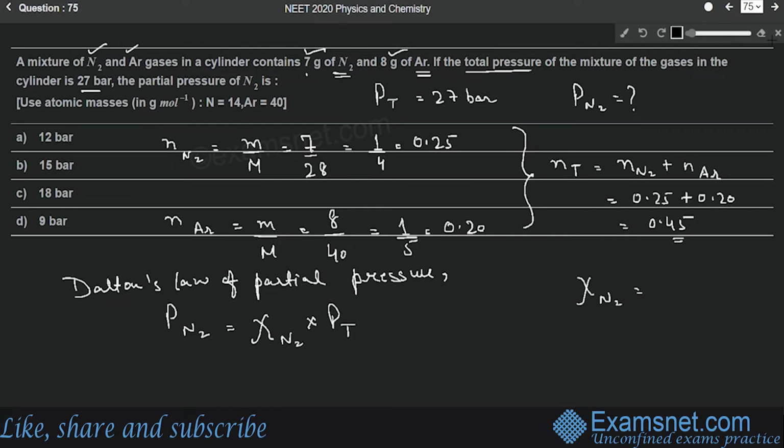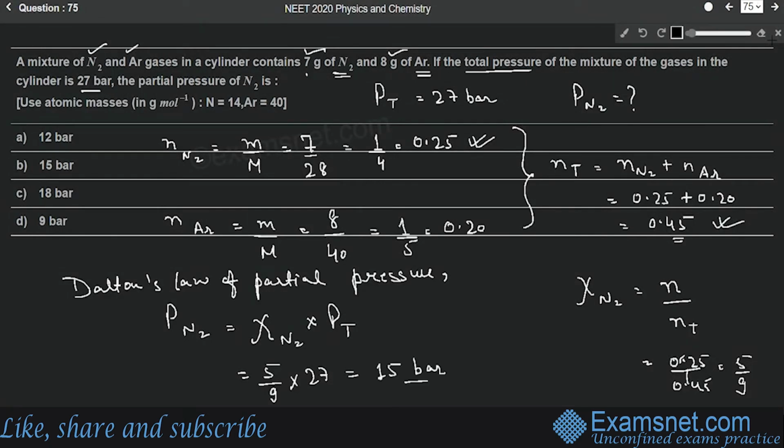It is equal to number of moles of nitrogen divided by total number of moles. We found the number of moles of nitrogen as 0.25, so 0.25 divided by total number of moles, that means 0.45. On solving this, we'll get 5 by 9. Here we'll put the value 5 by 9 into total pressure, that is 27 bar. So on solving this, it will come out to be 15 bar. Okay, so option B will be the correct answer.